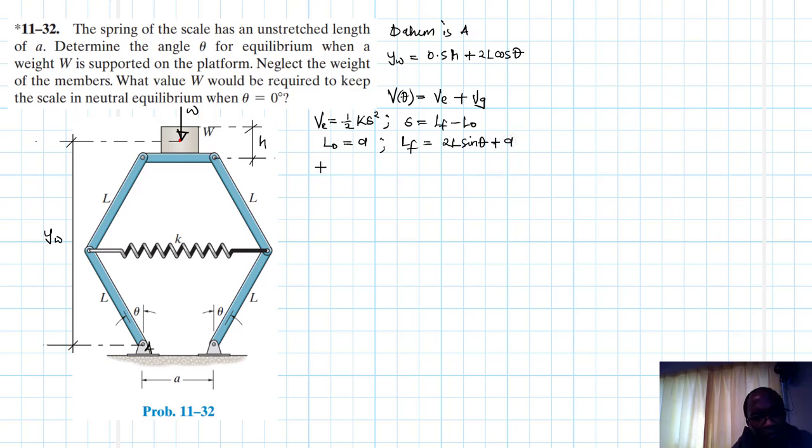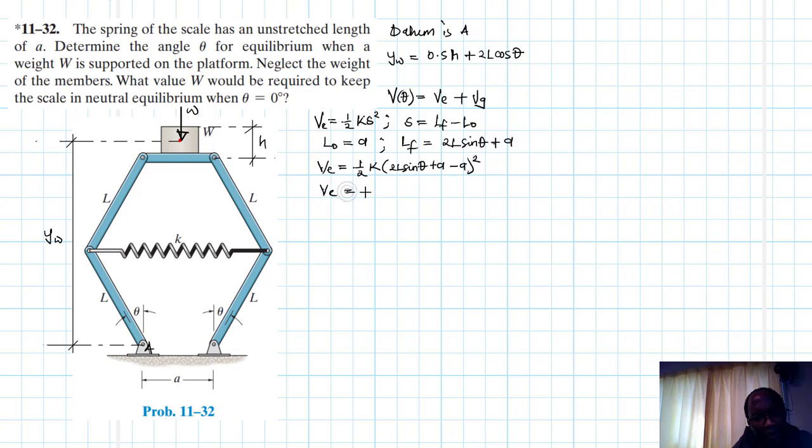Okay, right, so therefore the elastic potential energy will be equal to half times k times s. s is 2L sine theta plus A minus A, squared.